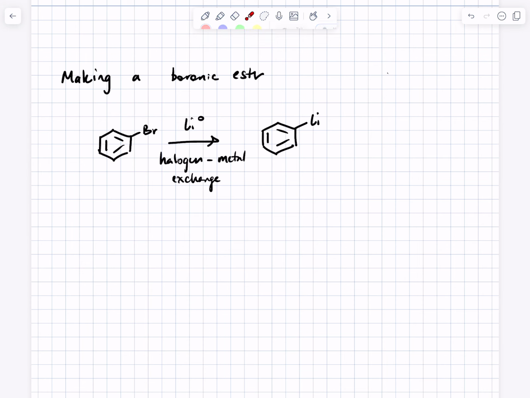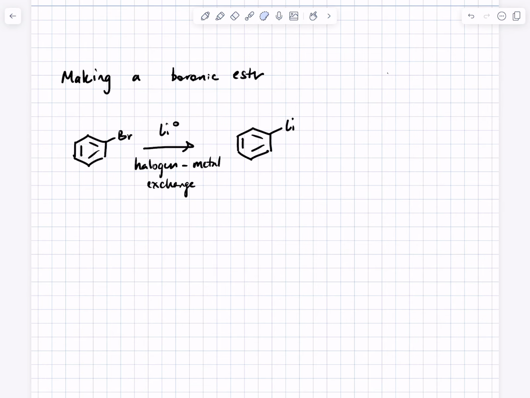Once you make that organolithium reagent, making the boronic ester is actually pretty easy. You start with a boron that's bonded to 3 methoxy groups, and you end up with a new carbon-boron bond with only 2 methoxy groups attached. Here is the third.